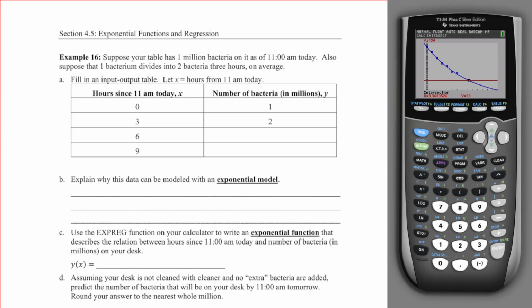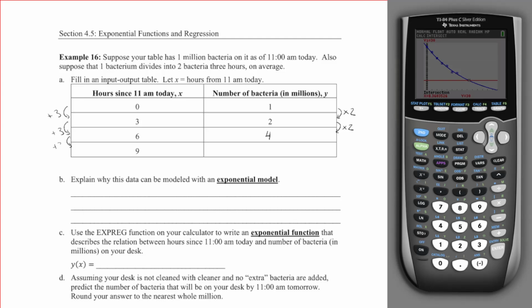So every 3 hours, the number of bacteria will double. So 3 hours pass, the number of bacteria doubles. Another 3 hours pass, the number of bacteria doubles again. So now we have 4 million bacteria.